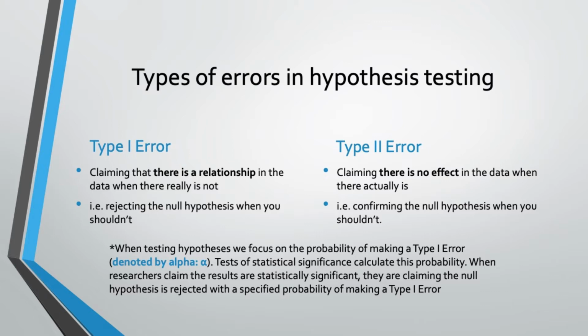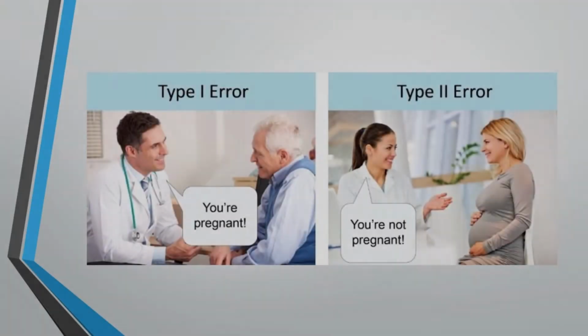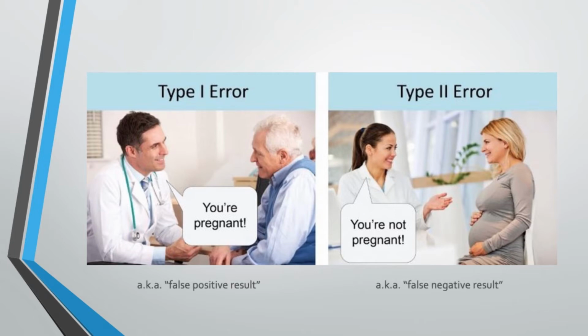Now, another way to think about the difference between type 1 errors and type 2 errors is illustrated here in this pretty ridiculous photo. The point of the matter is that a type 1 error can be thought about as a false positive result, whereas a type 2 error is a false negative result.